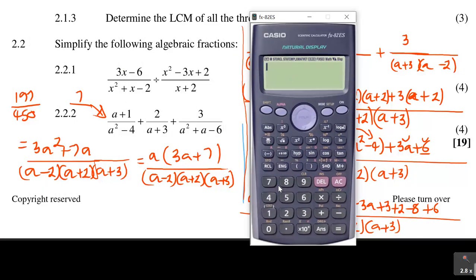I need to get the same answer here. So I've got in here 7 into 3 times 7 plus 7 over, so I've got 7 in brackets, 7 minus 2, and then I've got 7 plus 2, I've got 7 plus 3.